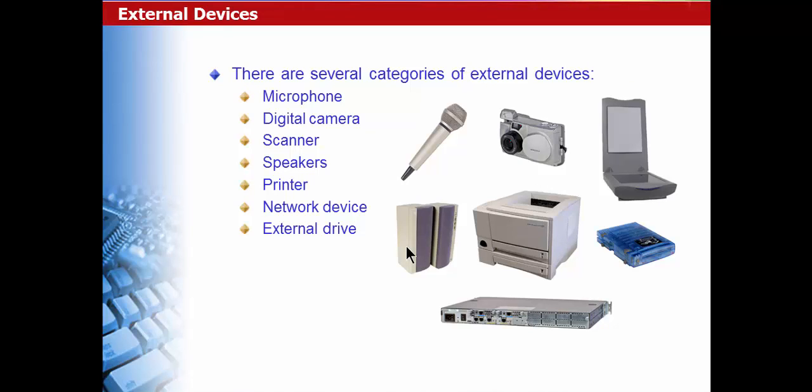Okay, so next we have several categories of external devices. Besides the input and output devices we have just seen, if you want some extra functionality, as shown in the diagrams in this slide, we have various external devices like a good microphone. If you want to talk to someone, or sing or record a song, you need a good microphone with USB support to plug into the computer and record your voice.